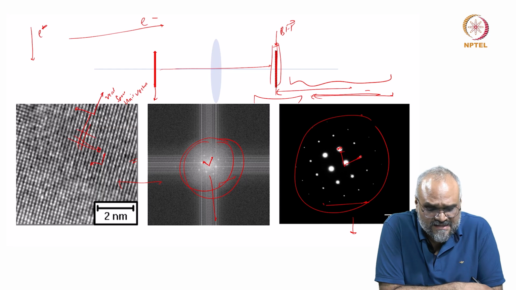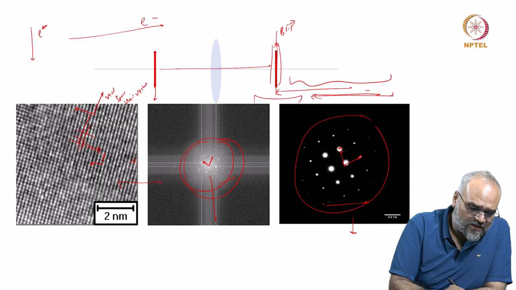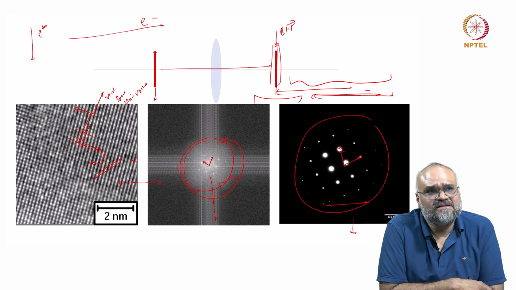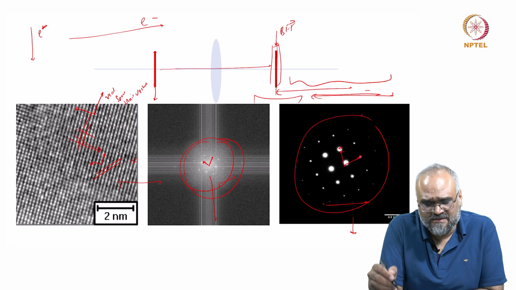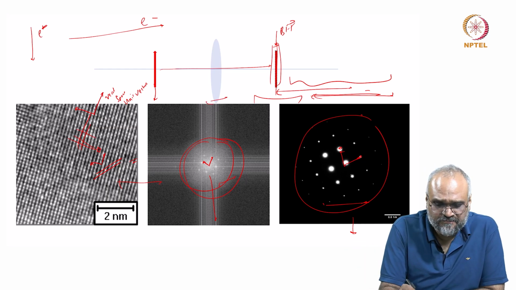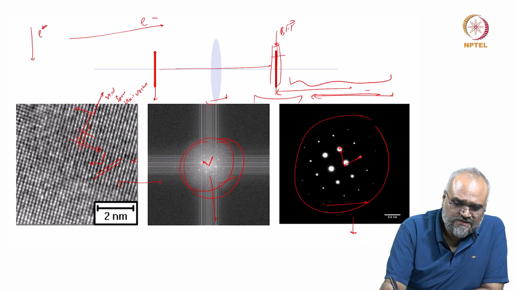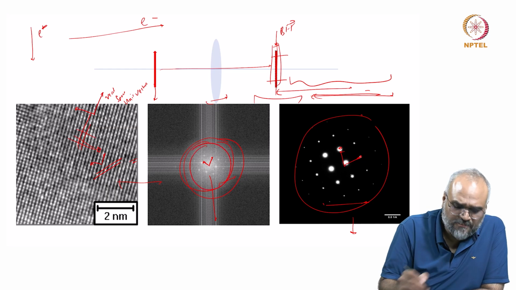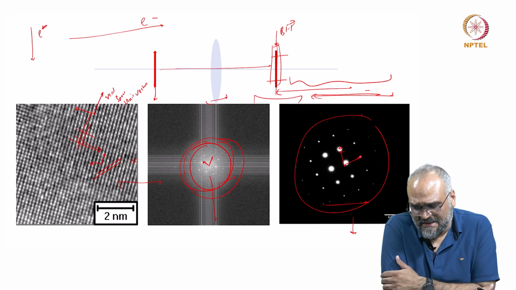You may not necessarily have an instrument which has the resolution limit to resolve the lattice spacing within a sample, but you will always get a diffraction pattern, because if you remember, my resolution is limited by the kind of defects that my lens has, and also the restriction that I have when I have an aperture at the back focal plane, or based on the numerical aperture of the objective lens as well.